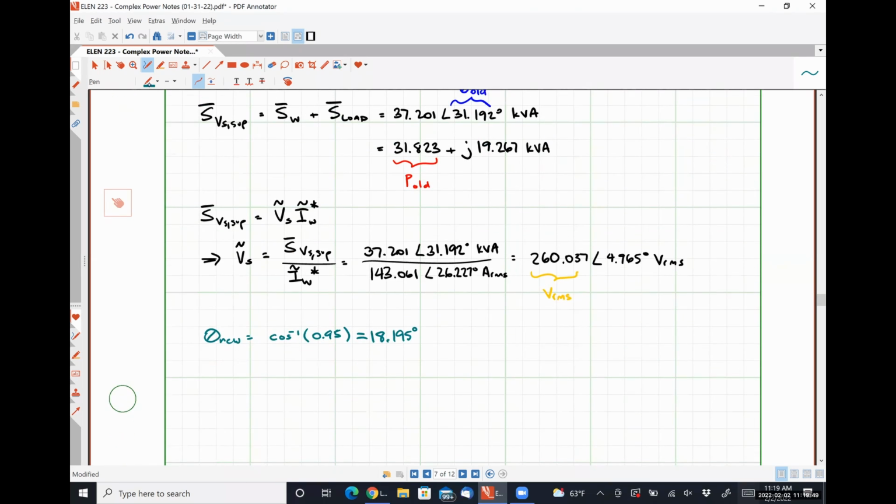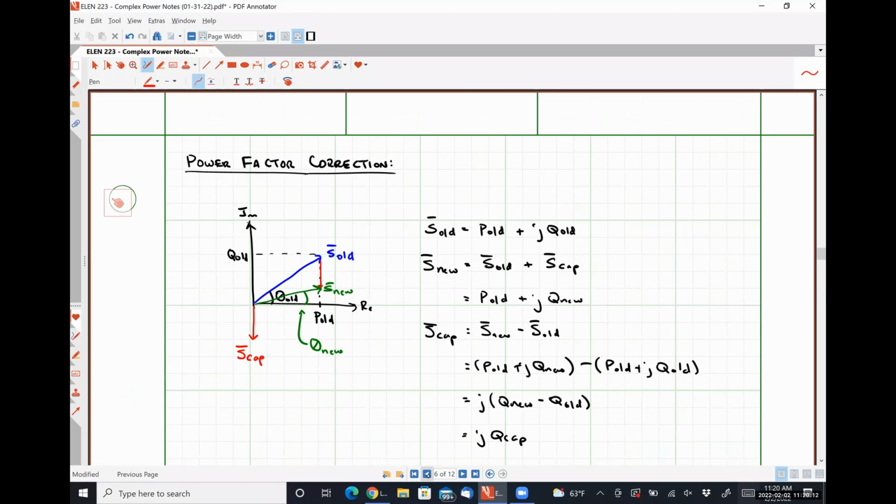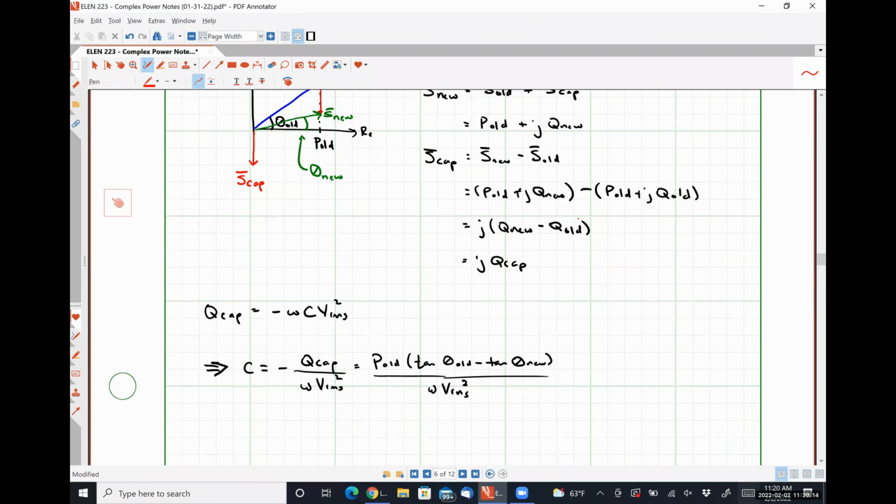And finally, then, we know that C is P old times the tangent of theta old minus the tangent of theta new. Let me just double check that. Yeah, old minus new.